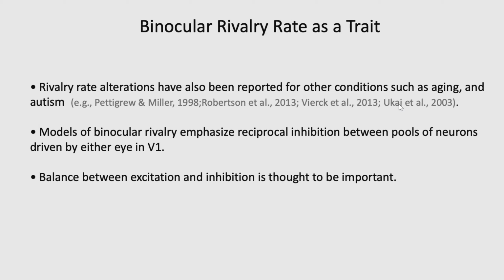I also want to point out that models of binocular rivalry generally emphasize reciprocal inhibition between two separate pools of neurons that are competing for access to awareness and represent the alternate perceptions, or percepts, I should say. And in general, the balance between excitation and inhibition is thought to be important for this to manifest.